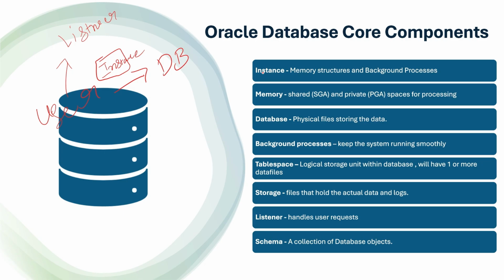These are the core components that you need to be familiar with, because we're going to talk about these components throughout the session. We will learn more and more about these components, the different ways and different places these components come in and play their role.